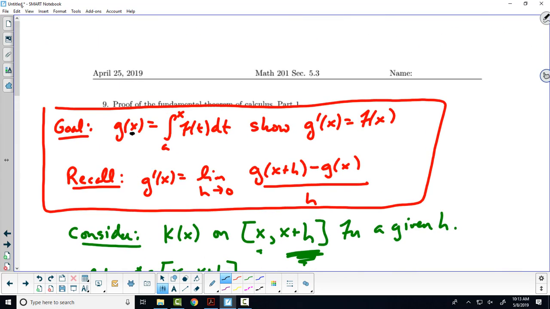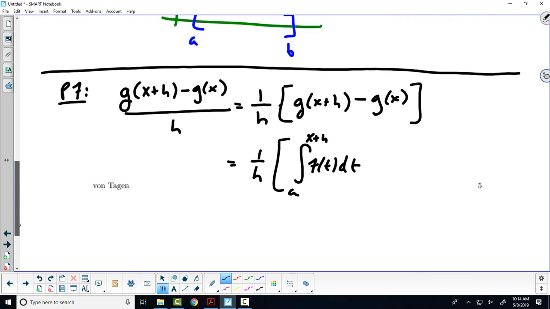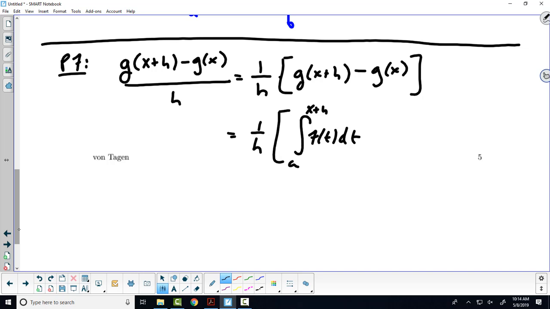I took g of x, and everywhere I saw an x, I plugged in an x plus h. Minus just the regular g of x, minus the integral from a to x of f of t dt. Any questions on that?